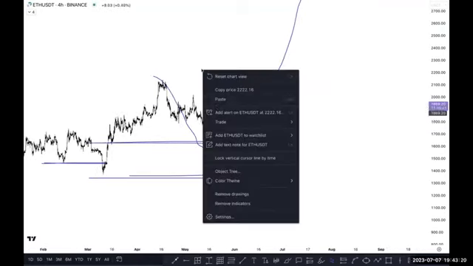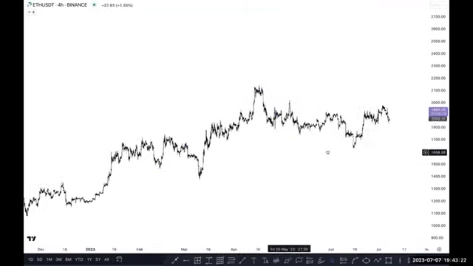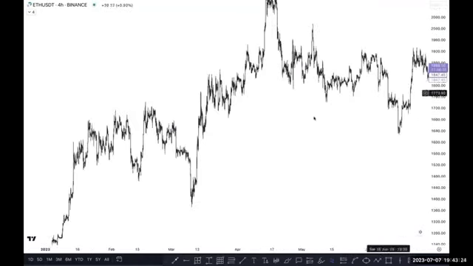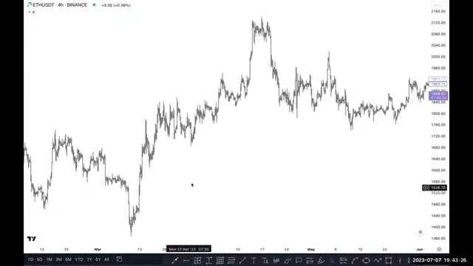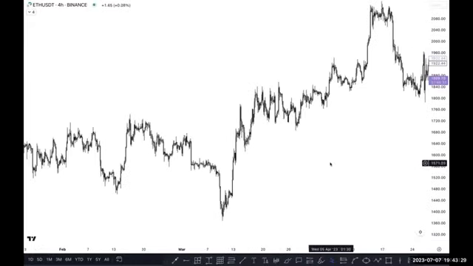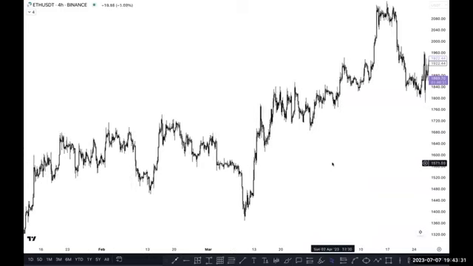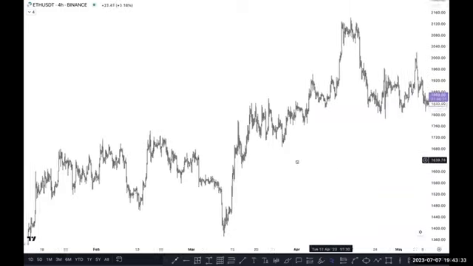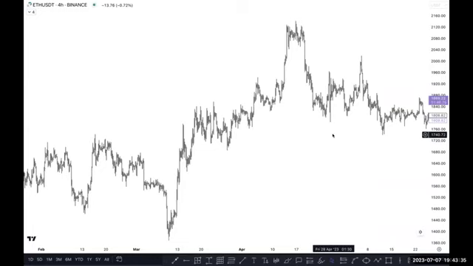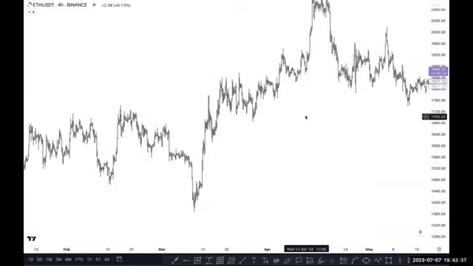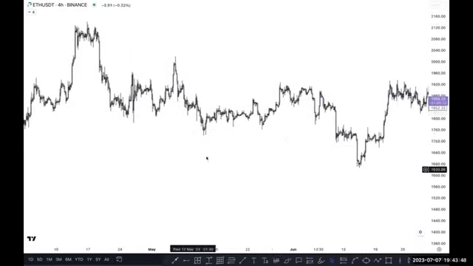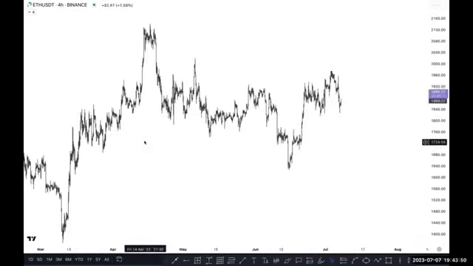Okay, so first of all, we are going to start with Ethereum: what is happening here, what we can expect in the next move, and how we can identify it from higher time frame to lower time frame. Yes, we are going with 4 hour and 15 minute.